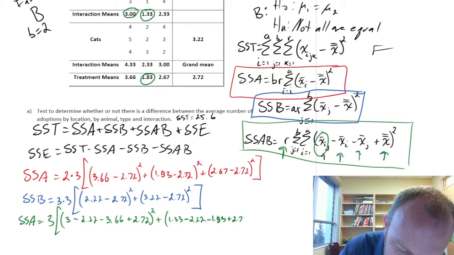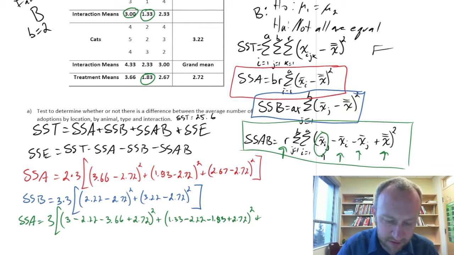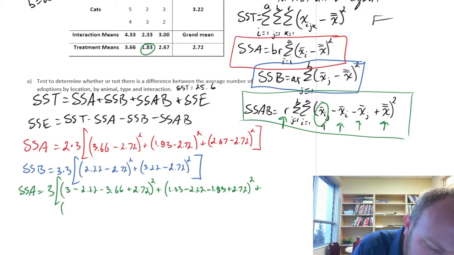always 2.72 squared, plus, I'm going to have to scroll down, I think I'll run out of room.